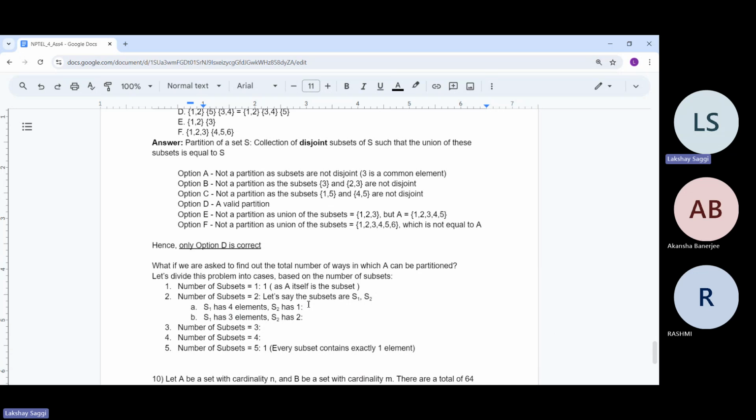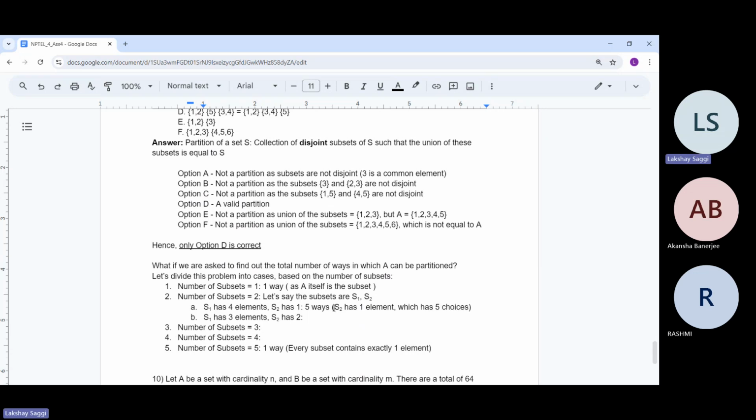So this can only happen in 5 ways, right? This is 5 ways. And why is this? Because S2 has 1 element, which has 5 choices.